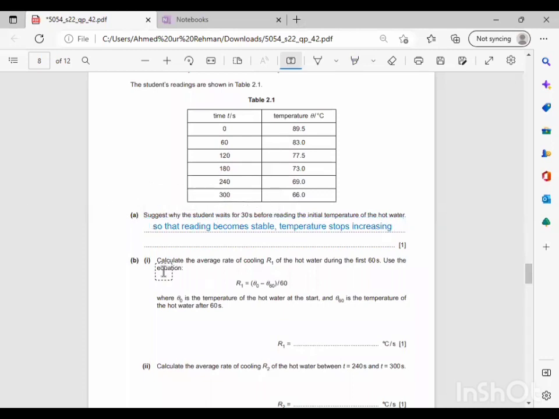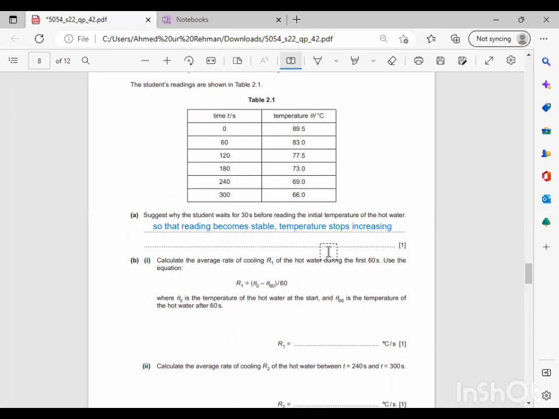Then we have calculate the average rate of cooling R1 of the hot water during the first 60 seconds. Use the equation. So pretty simple. You already have the temperature. So what you need to do is simply put in the formula, right? So theta 0 is 89.5 and this is 83 divided by 60. You're not going to get the mark unless you put in the values and show that you're doing this.